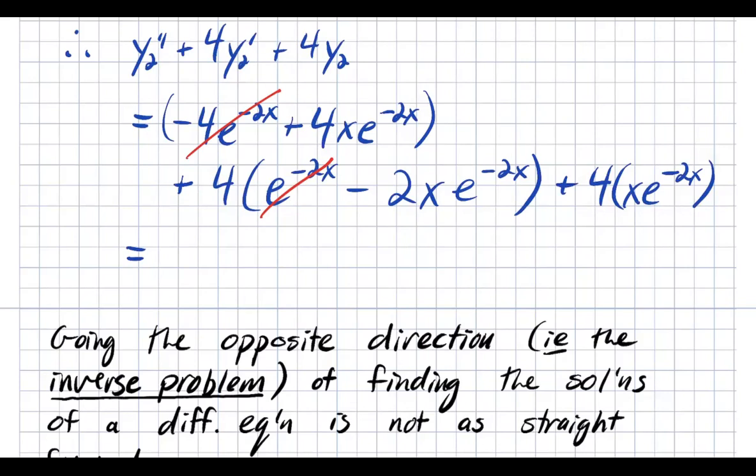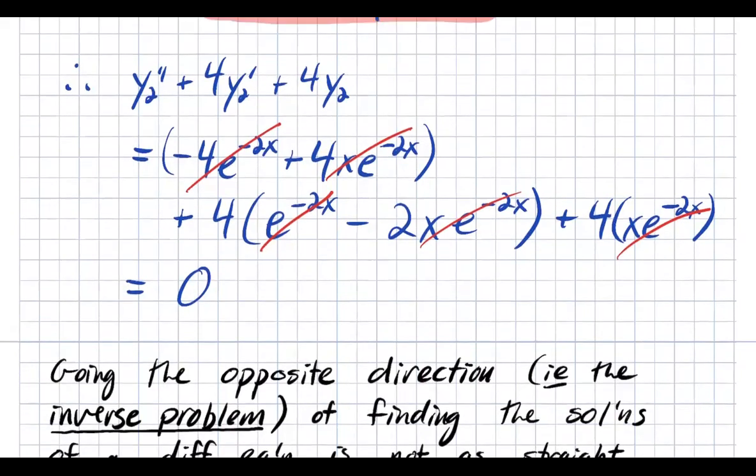And again, those will all cancel out. And in the end, everything cancels and we're just left with 0 as we expected. Okay, so that means that y2 is also a solution of this differential equation.